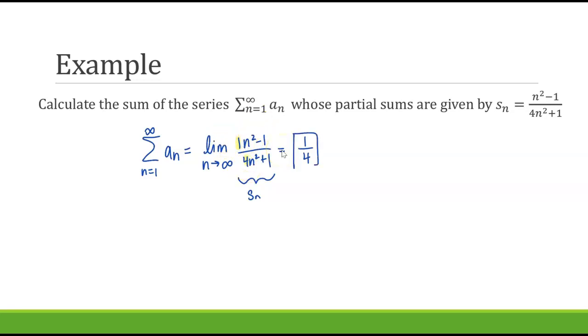And so that is the answer to not only the limit, but what the actual sum of the series is. So this infinite list of numbers not only converges, but we found that it converges to 1/4.